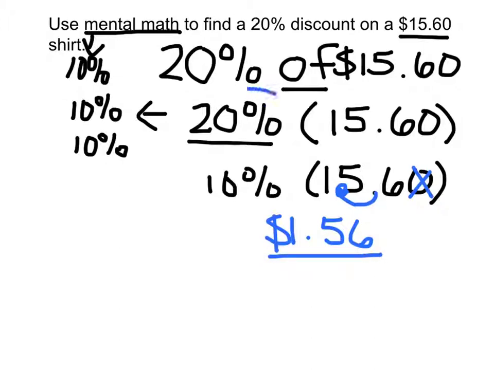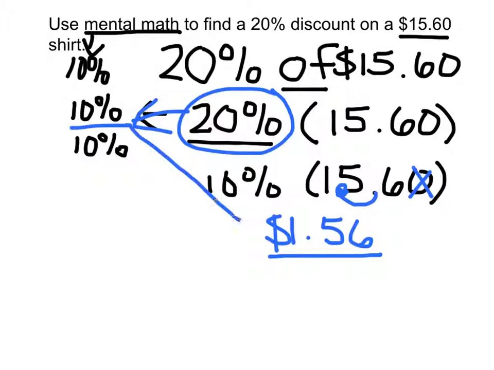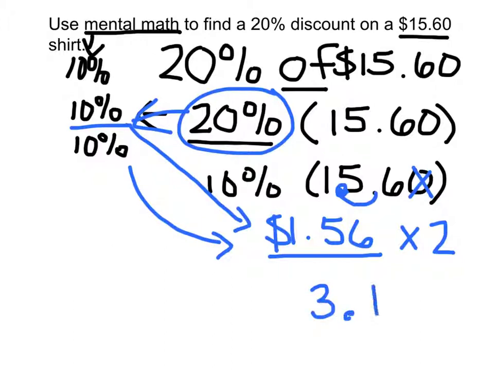But notice we want a 20% discount. 20% is really 2 tens. So right here, this is 10%, but I have 2 10%. So what I'm going to do now is take this 10% discount and multiply it by 2, and that would give me my 20% discount. So I just double that, and I get $3.12.